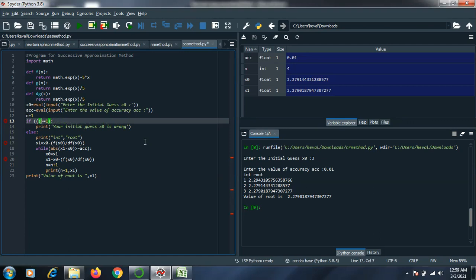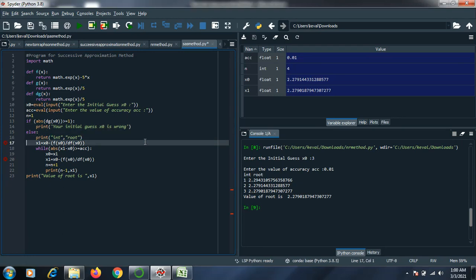So I am going to place a condition of convergence as abs, that is the absolute value of dg of x0, if it is greater than 1, then you need to show a message to the user. Let me check. Yes, one extra parenthesis has been added. Okay, now it has gone. So your initial guess x0 is wrong.